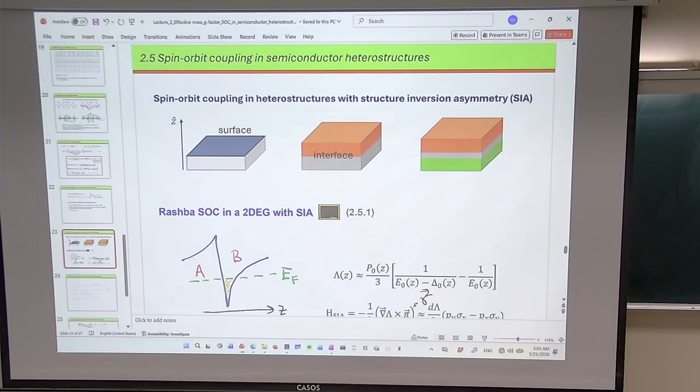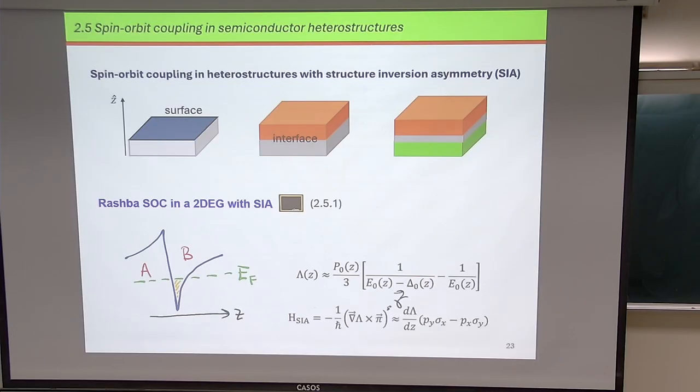I will correct it in the slides later on. And so the gradient essentially will depend only on Z, so you will get this expression here. Again, this lambda I can calculate because I know the potentials, the values of E0 and D0 in the different materials.